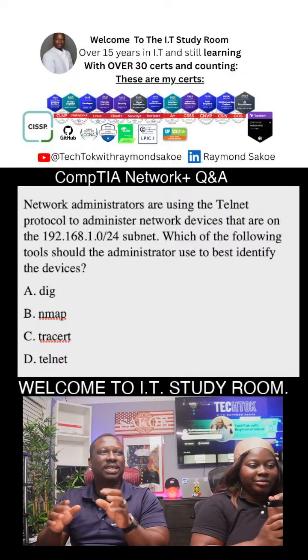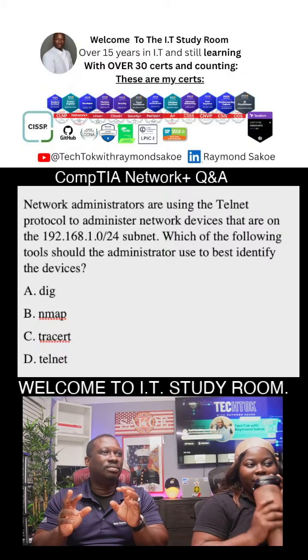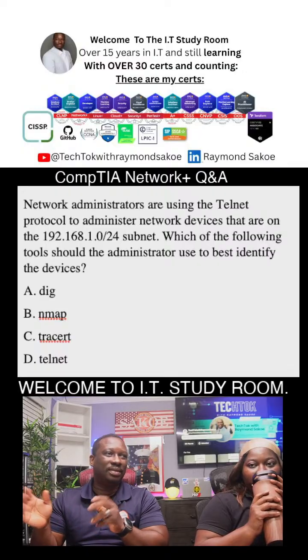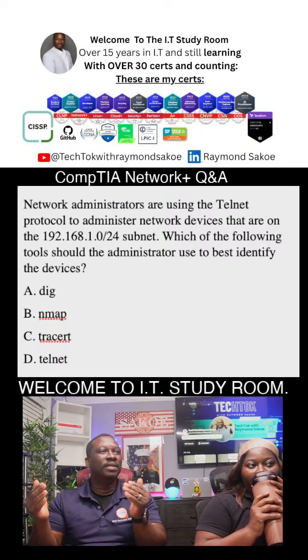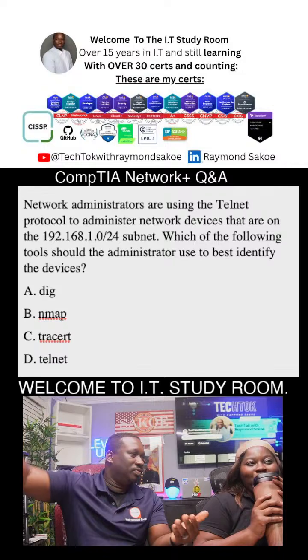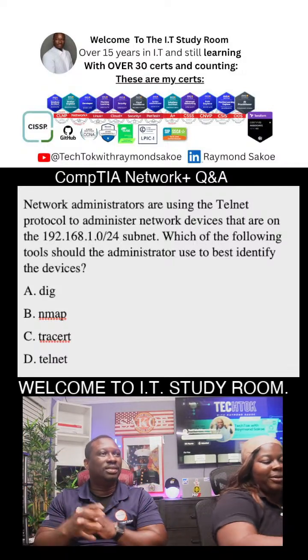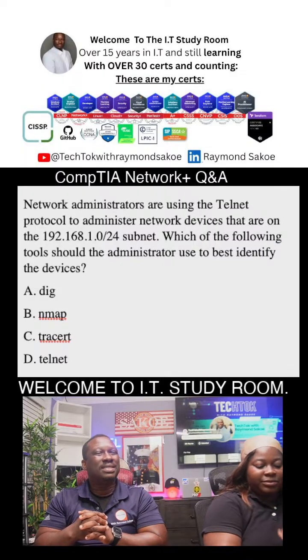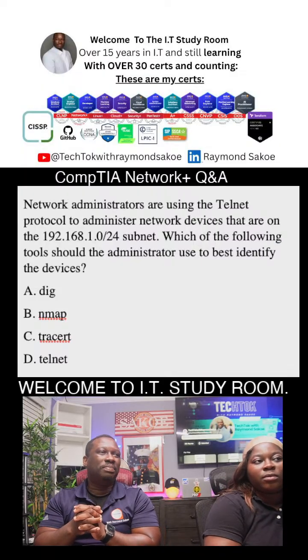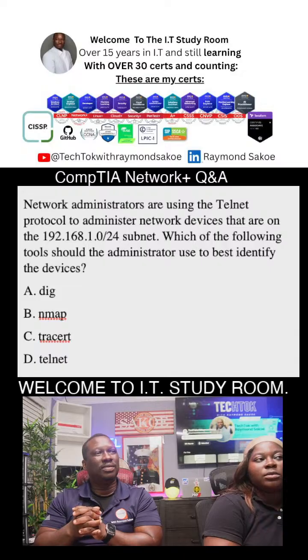So when you type show CDP neighbor on a Cisco device, it tells you the devices that are connected to that specific switch. So it's similar in a way, but Nmap takes it to the next level.